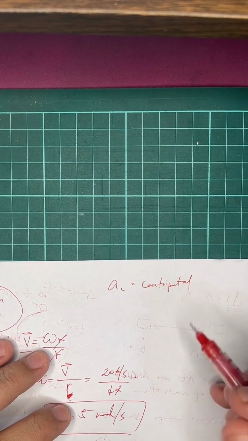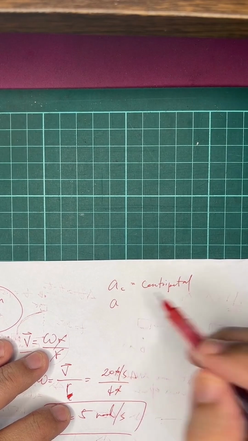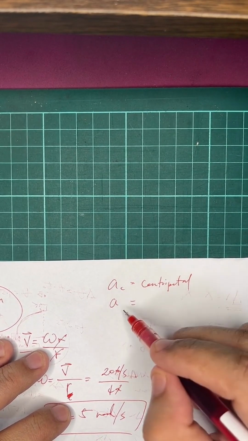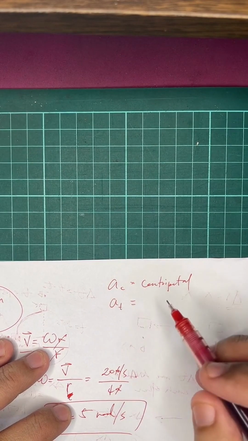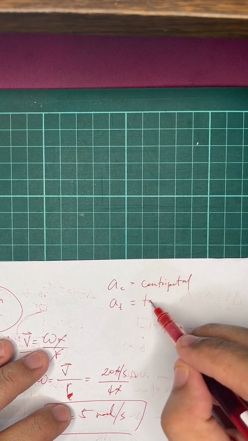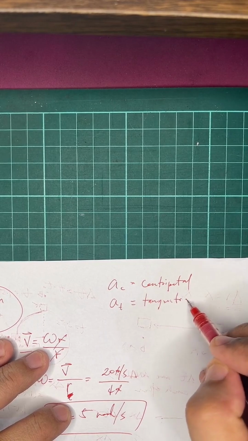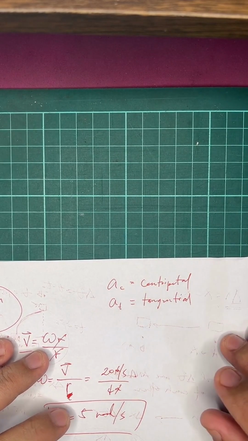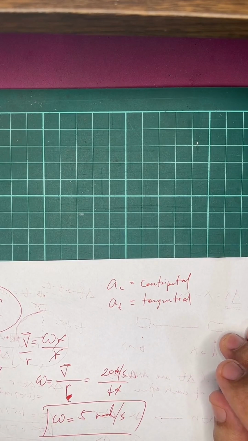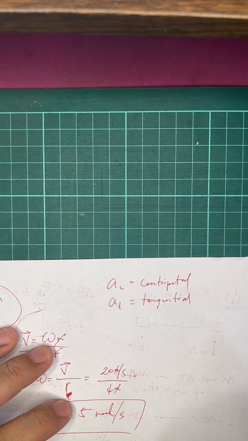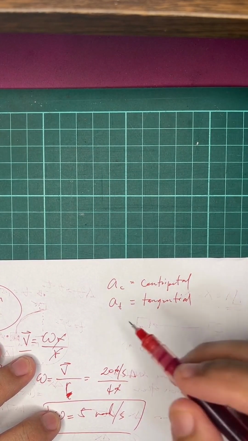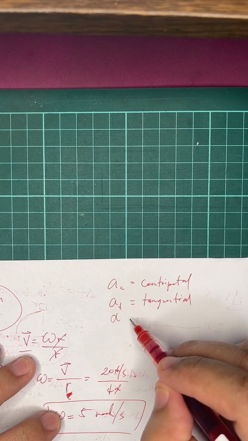We also have linear acceleration, or sometimes the tangential acceleration. Tangential is also linear. Don't be confused. When we say tangential acceleration, it is a linear acceleration. So that's the tangential acceleration. And alpha being angular acceleration.